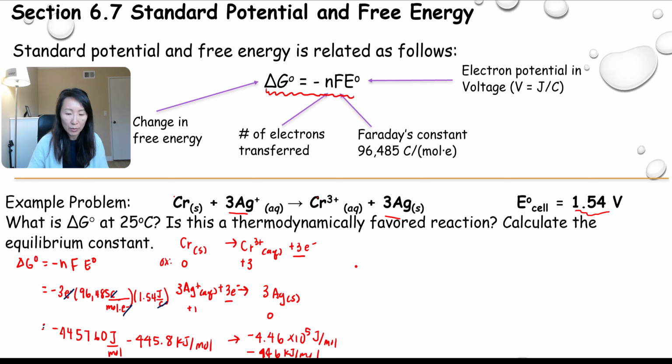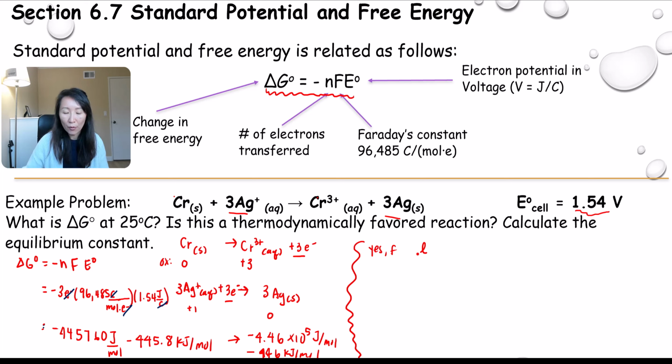Either would work. Now that I know the delta G value, is this a thermodynamically favored reaction? It's a negative value, so yes, it is favored.